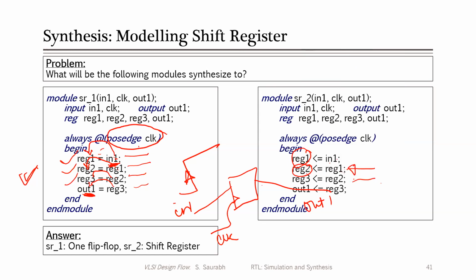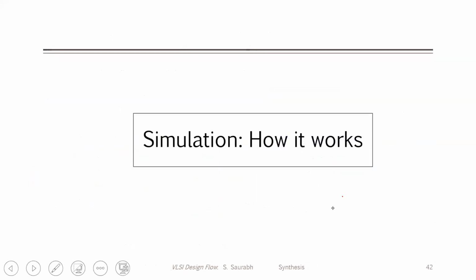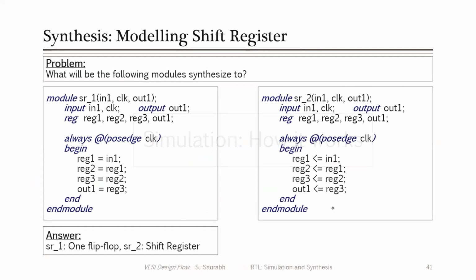The execution goes to the next statement, and then res3 gets the old value of res2. Why? Because res2 is not yet updated. The LHS is not yet updated, only the RHS is being evaluated. So res3 will get the old value of res2, and out1 will get the old value of res3. And therefore, this one will be a shift register, right?